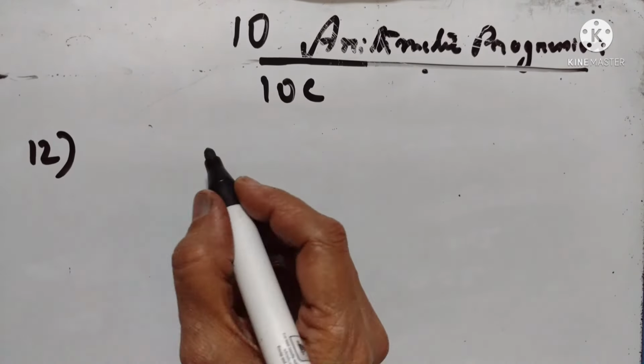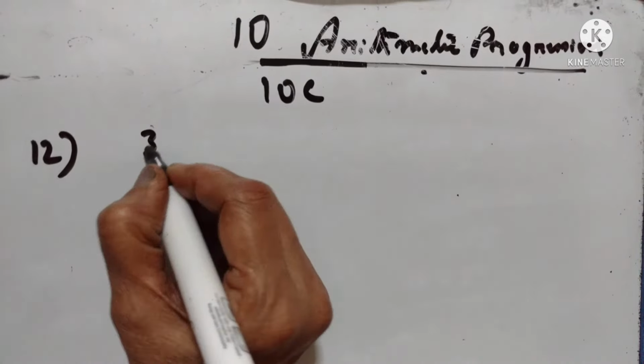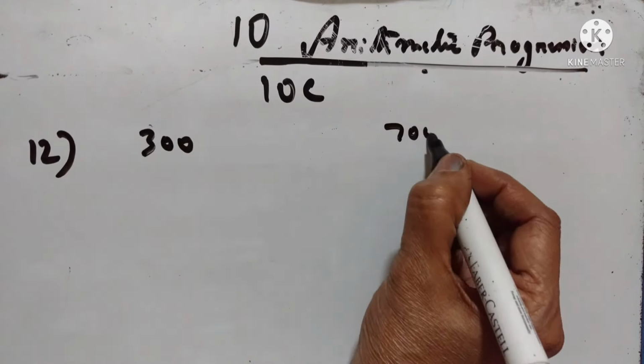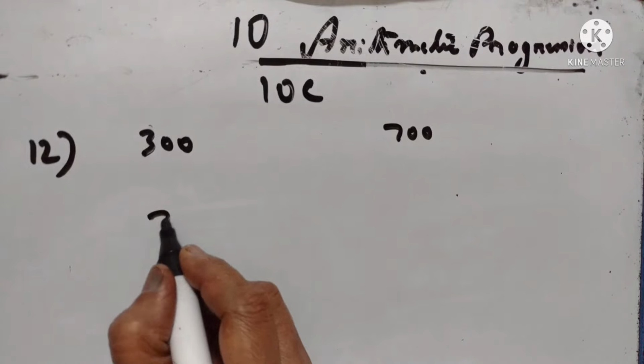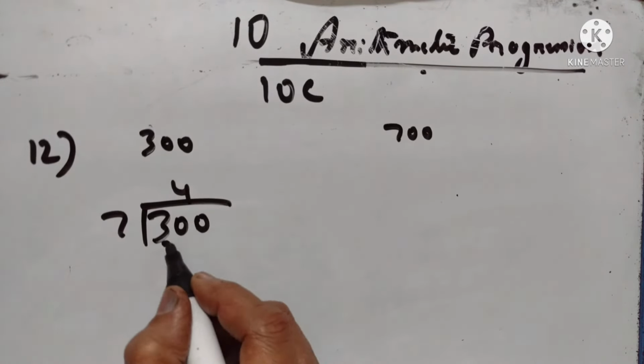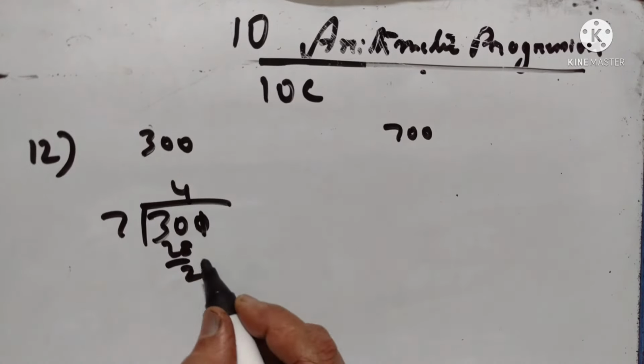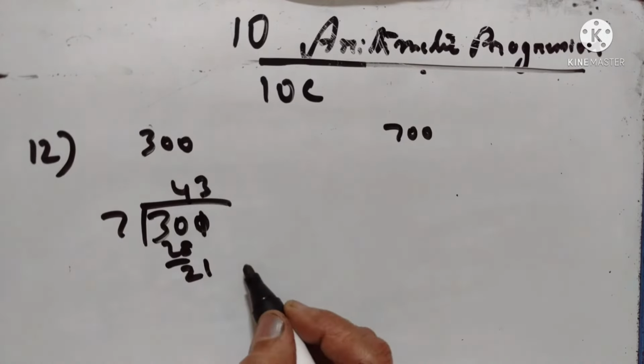12th problem. Find the sum of all multiples of 7 lying between 300 and 700. 300 divided by 7. 7 4s are 28, 2 remains. If it was 1 here, then we would have taken 1 and written 7 3s are 21.